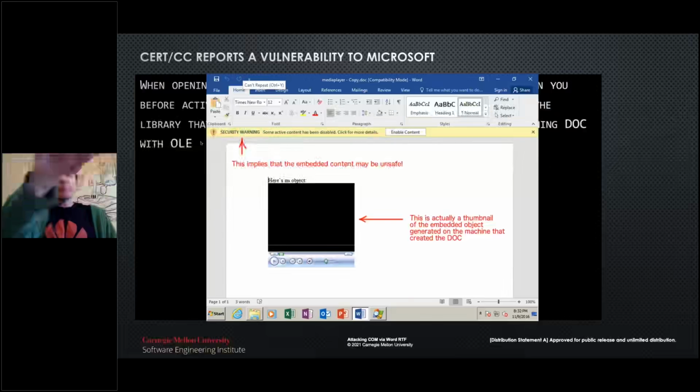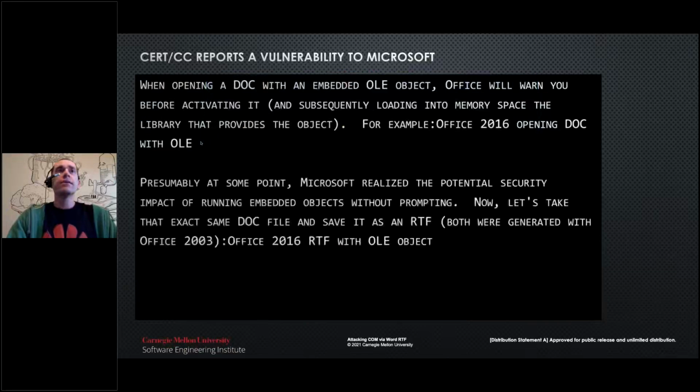The actual picture that you see there was the Windows Media Player on the version of Windows that I used to construct the document, not the actual version on the one I used to view it. So they're doing some things to protect you as a viewer of this document. I'm guessing at some point Microsoft realized that you shouldn't be able to just embed objects without prompting.